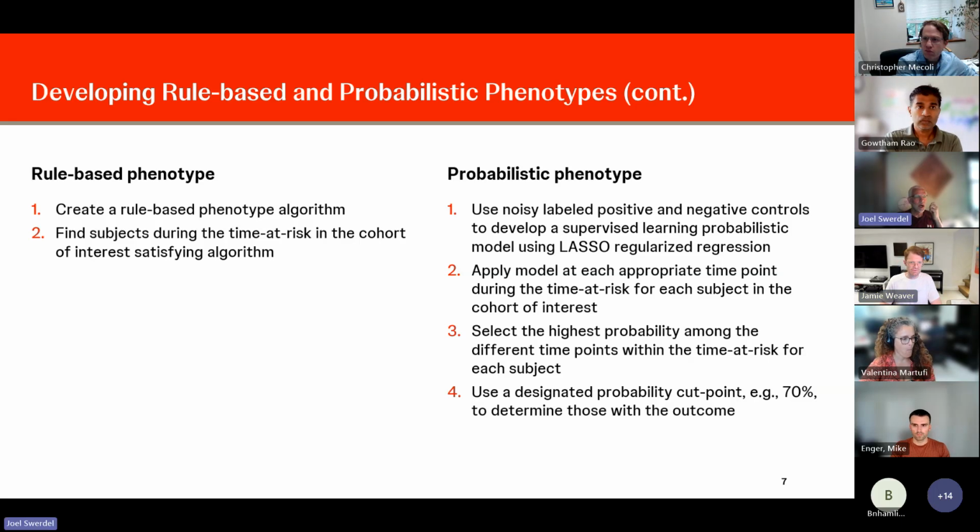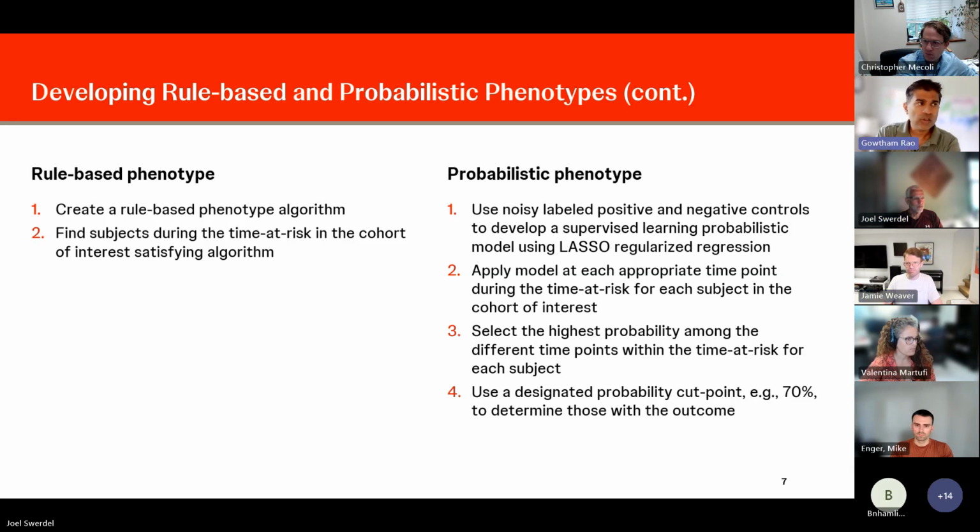That's true, but we could also winnow that down to be when they're observed during an exposure of interest. Okay, that makes sense in the probabilistic sense, but I was unclear on what a time at risk definition for a rule-based phenotype would be. But I get it, it's during an observation period or within some other cohort, within some time at risk.